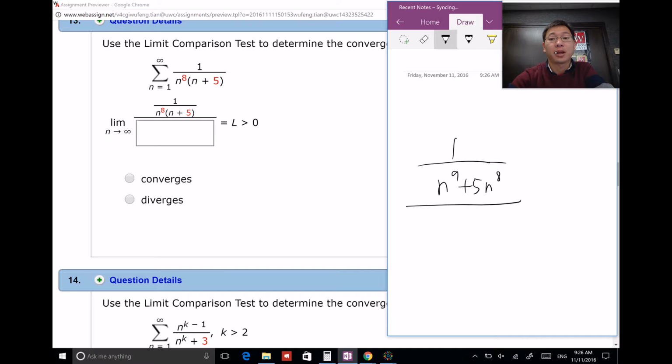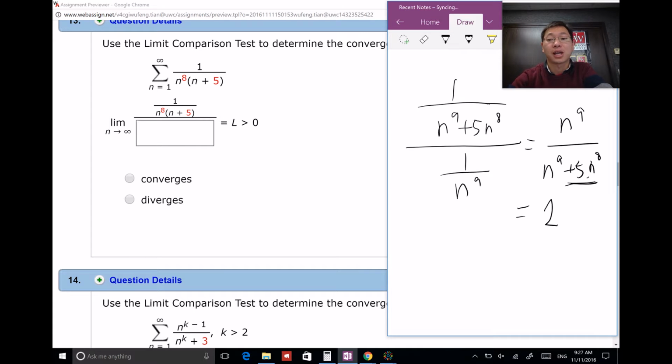If you compare it with 1 over n to the power 9, you're going to have n to the power 9 over n to the power 9 plus 5 n to the power 8. This actually equals 1. This does not change anything because the highest power is 9, and you check the coefficient is 1, a positive constant. So both of them diverge or converge at the same time.